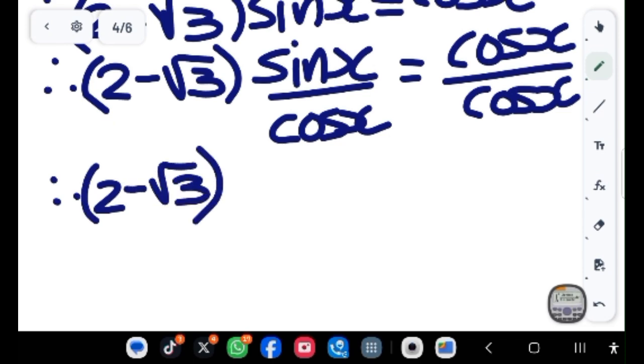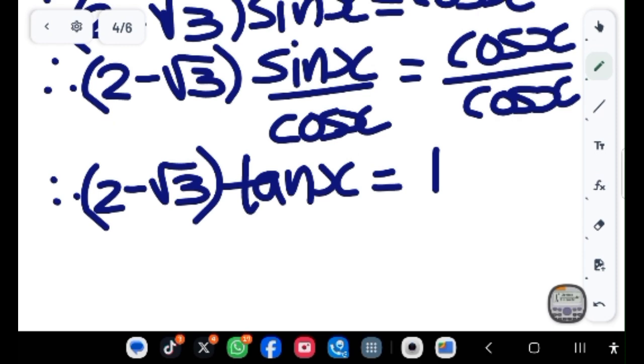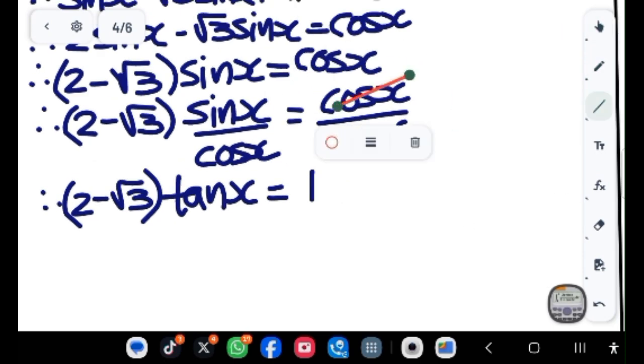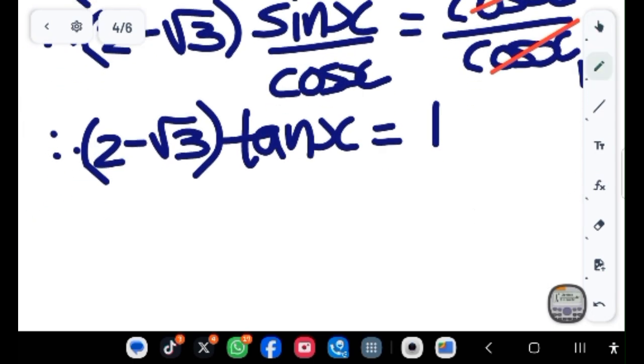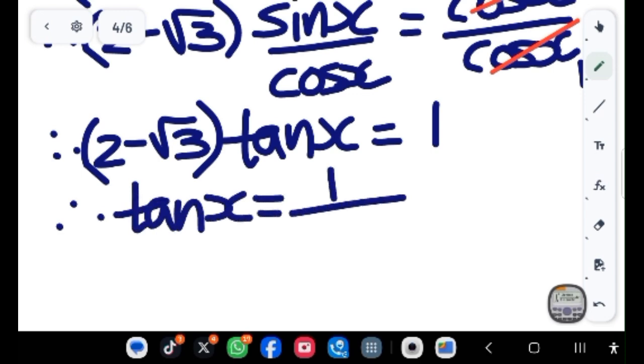Now we use the quotient identity to reduce this, so that becomes tan x equals cos x over cos x. That leaves us with 1. They cancel out. So now we divide both sides by 2 minus root 3, and that leaves us with a single trigonometric ratio, which was the goal. And this is that single trigonometric ratio.